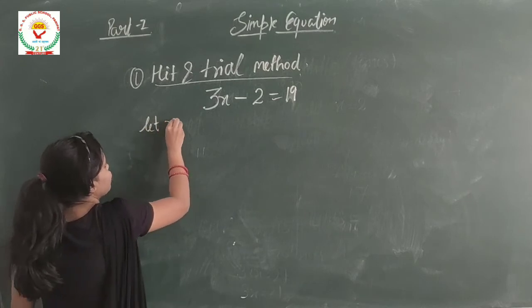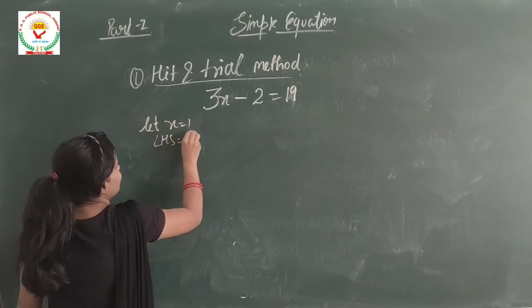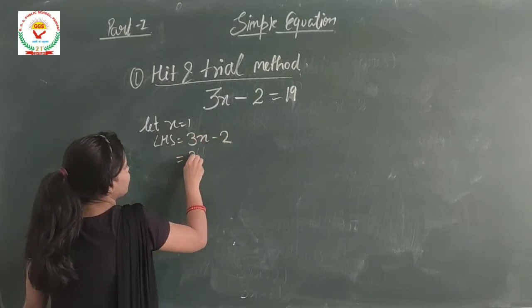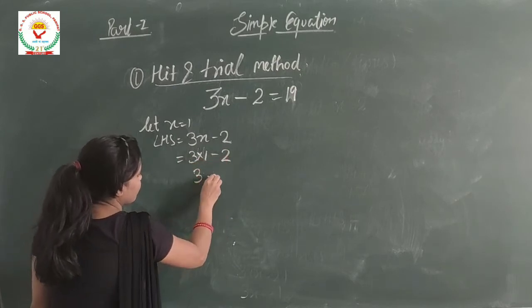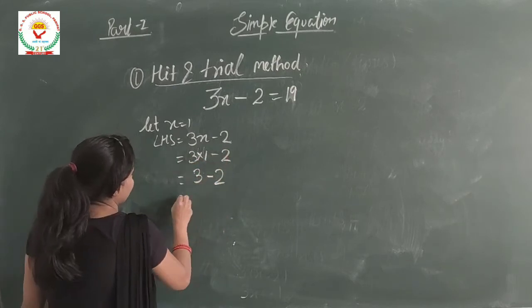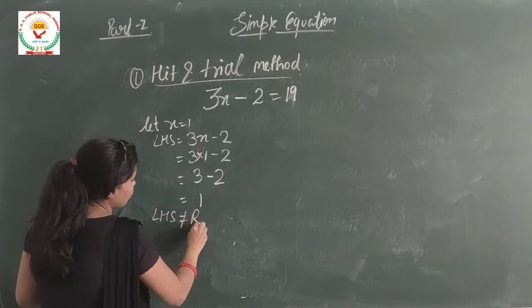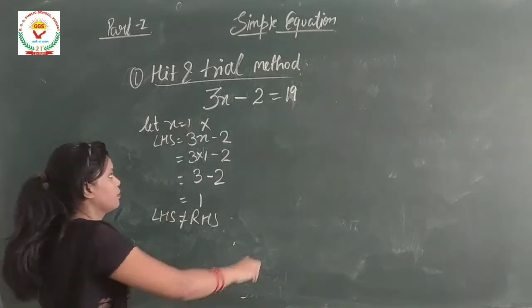I will again assume x is equal to 1. LHS 3x minus 2, so 3 multiply 1 minus 2. 3 multiply 1 is 3, minus 2, so we get 1. That means LHS is not equal to RHS, so x is equal to 1 is a wrong value.